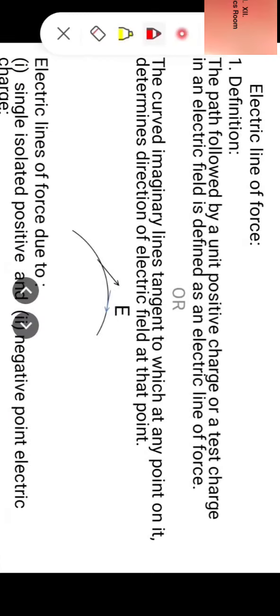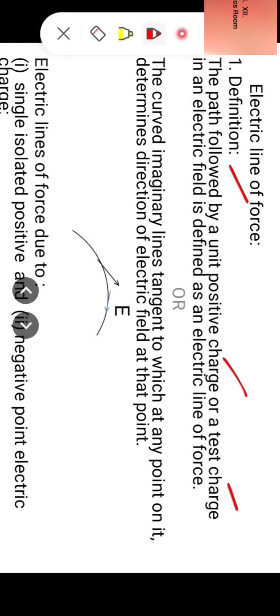Let us define electric line of force. The path followed by a unit positive charge or a test charge in an electric field is defined as an electric line of force, or the curved imaginary lines tangent to which at any point on it determines direction of electric field at that point is defined as electric line of force.